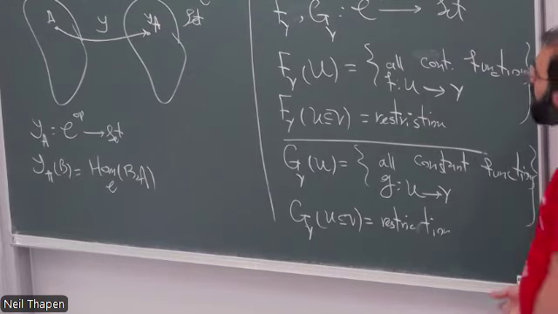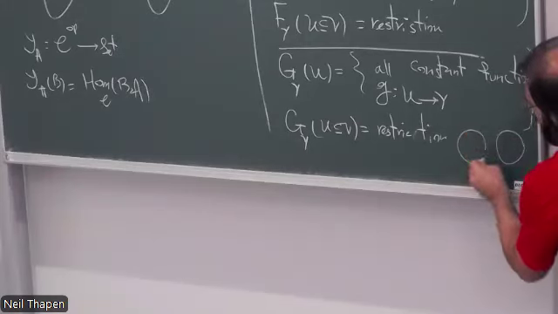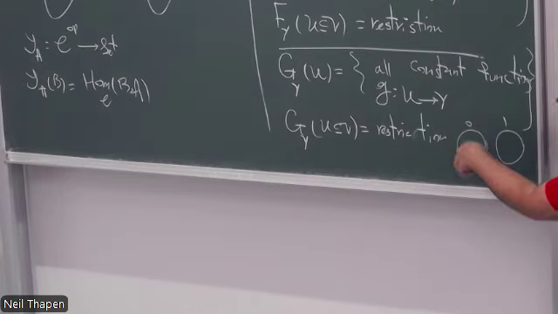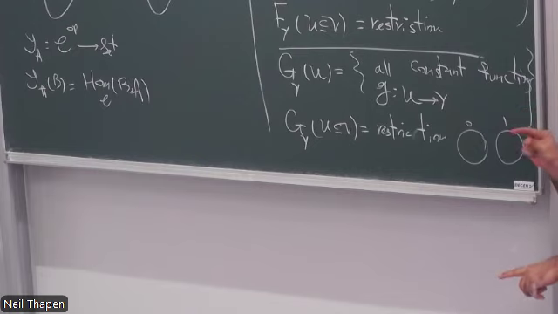Why? Because I can have, say, two disjoint opens, and this is the whole space that I have. The function here is 0, here is 1. Locally, of course, it is always constant, but globally it's not. Being differentiable is local, because you go around a point. Being integrable is global, right?